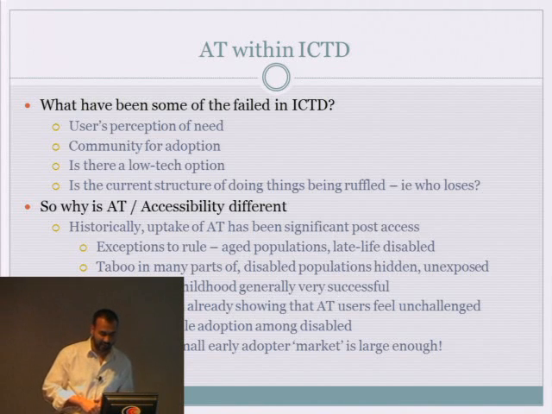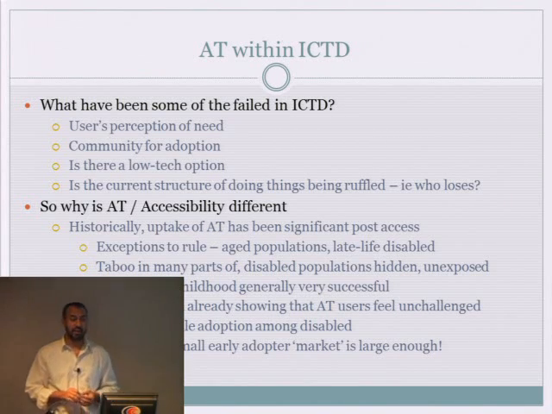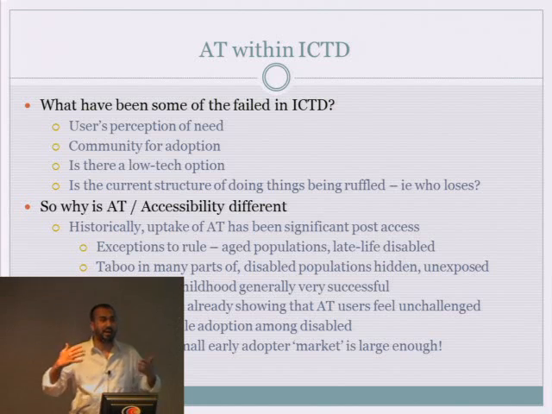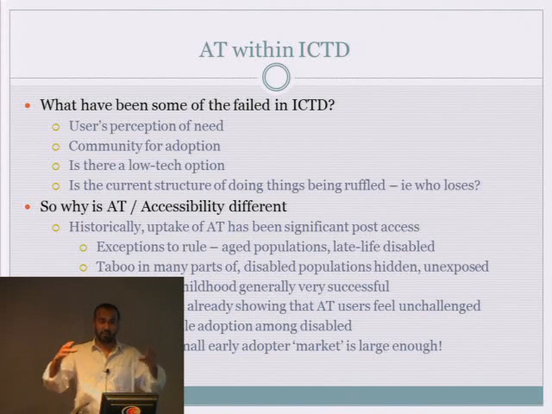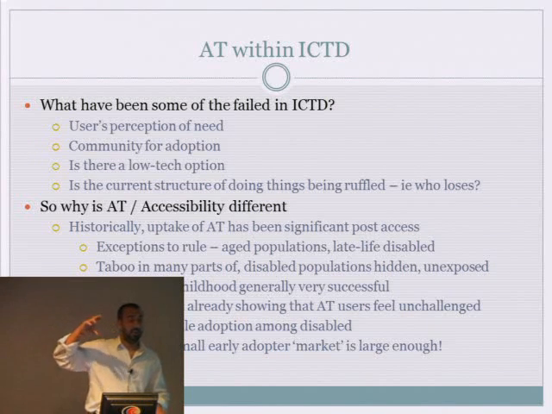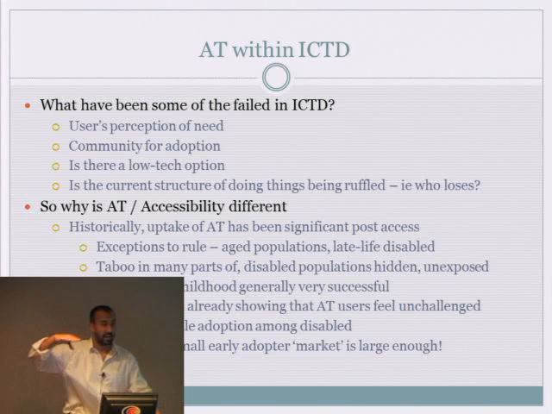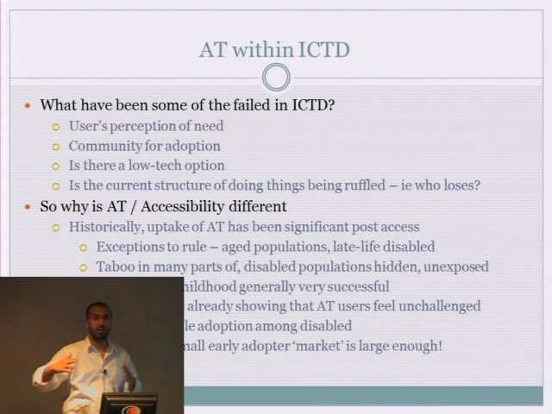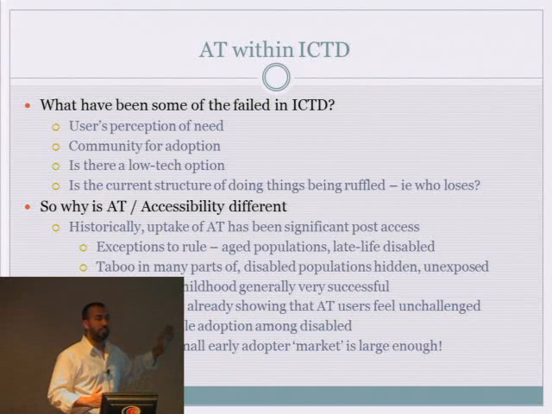Why is accessibility different? Well, historically, the uptake of assistive technology has been very significant post some kind of legal initiative to make access more widespread. If you look at the assistive technology market in the US after the Americans with Disabilities Act and the IDEA Act, you see a much more significant development of tools, and a number of companies getting involved, because there is a law which puts it in place.